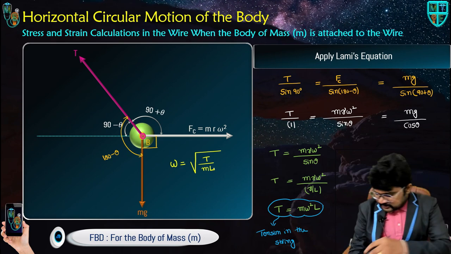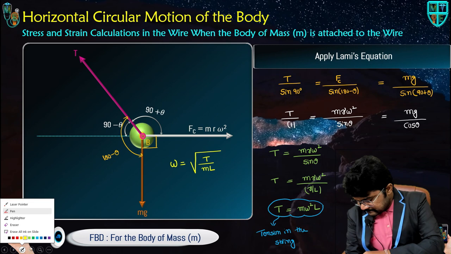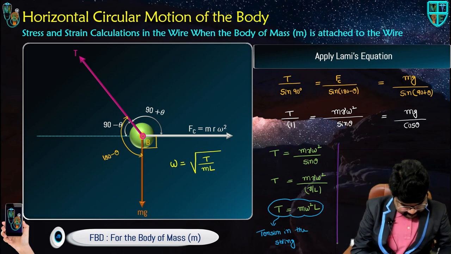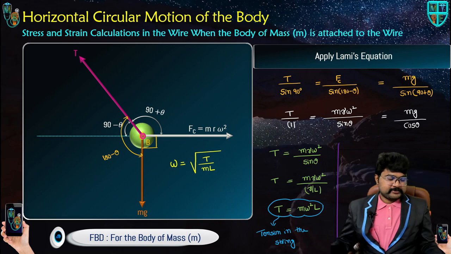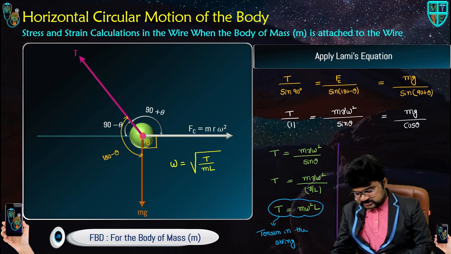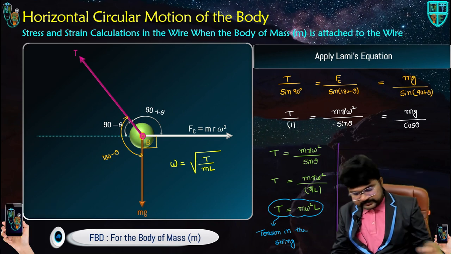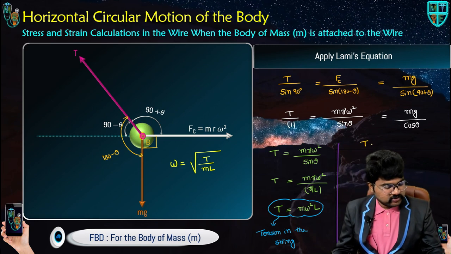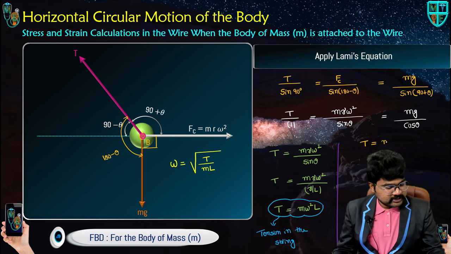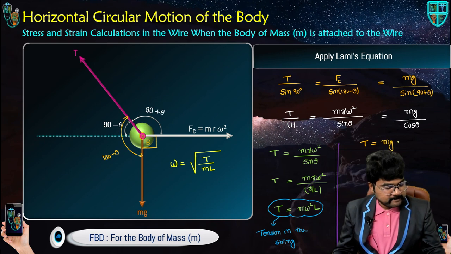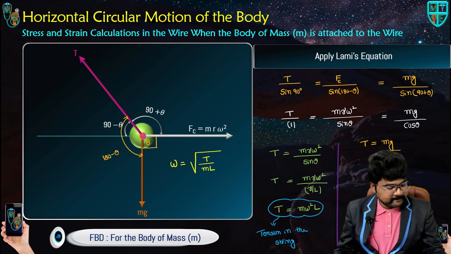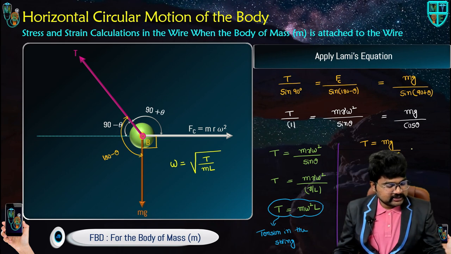Here you can write T equal to mg by cos theta. You can write like that also.